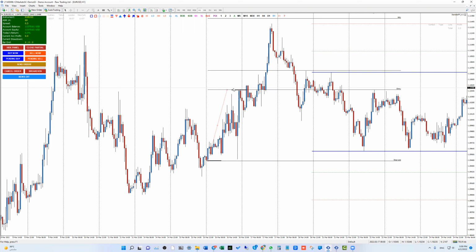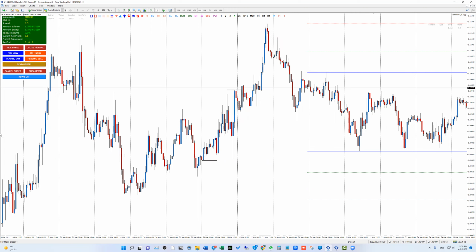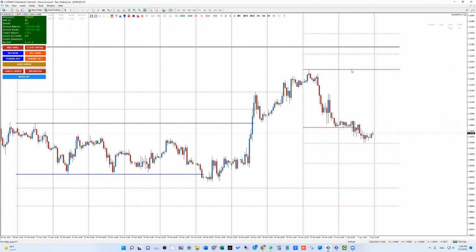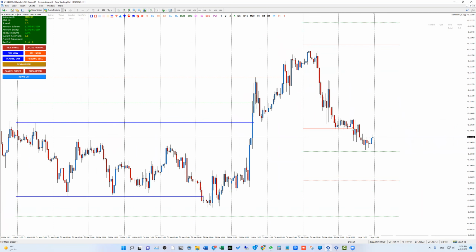So you do not need to draw the Fibonacci manually like this, because right now I will share with you the indicator. For example, now the price over here, the previous daily candle was broken. Usually it has a probability to reach this one. It didn't reach yet, but it may.